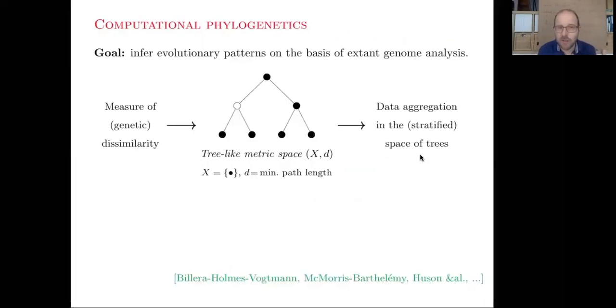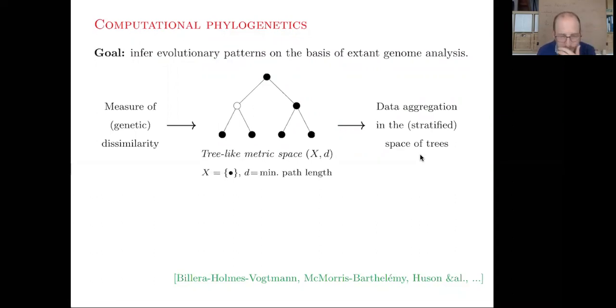Nowadays, computational phylogenetics is based on genomic analysis, basically. Let me give a very quick and rough introduction for the purpose of this talk. The goal of computational phylogenetics is to infer evolutionary patterns on the basis of genes.